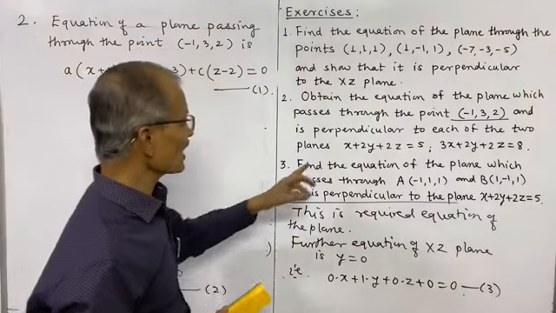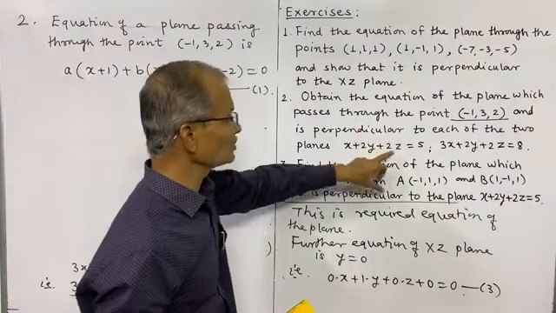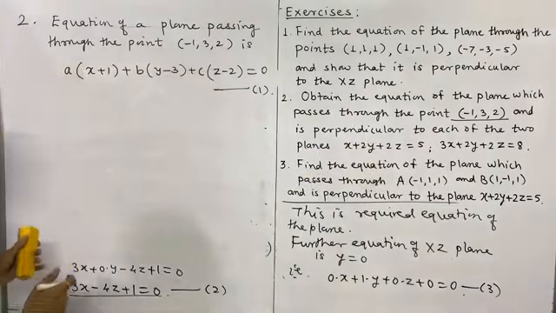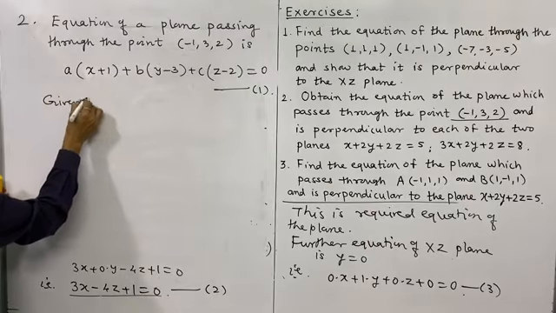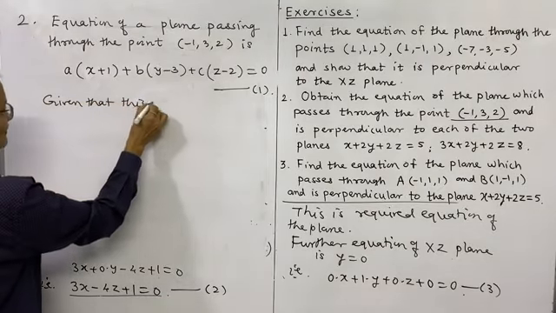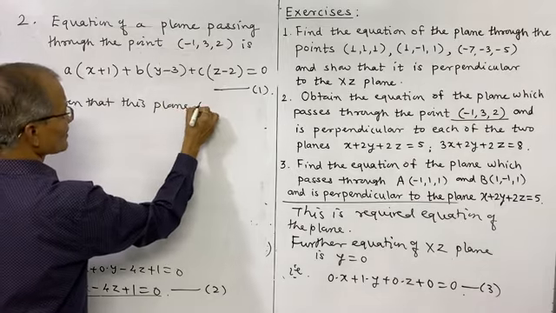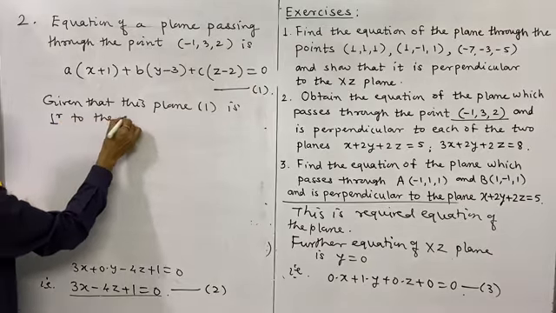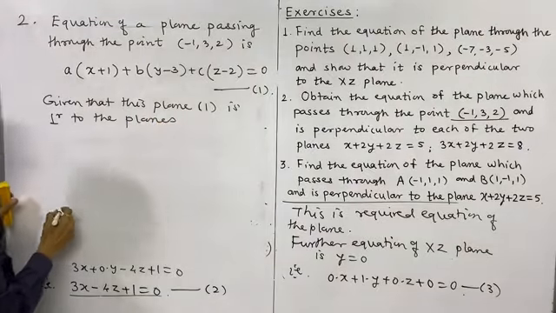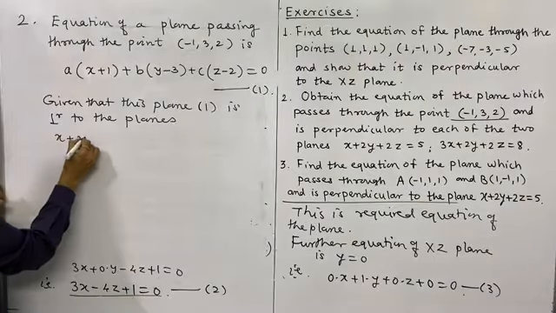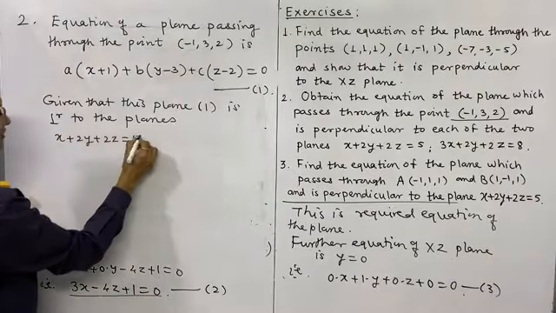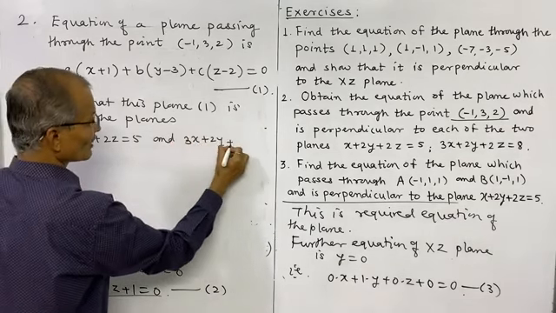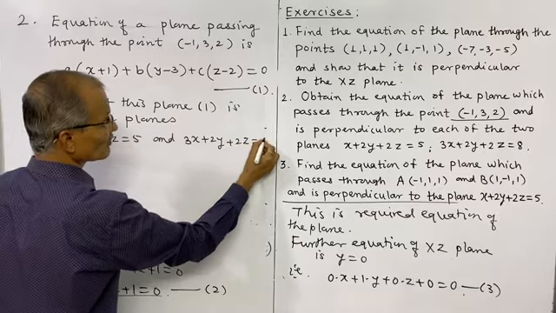Now what further conditions are given? This plane is perpendicular to each of the planes, so we use the condition of perpendicularity. Given that this plane 1 is perpendicular to the planes x plus 2y plus 2z is equal to 5, and 3x plus 2y plus 2z is equal to 8.